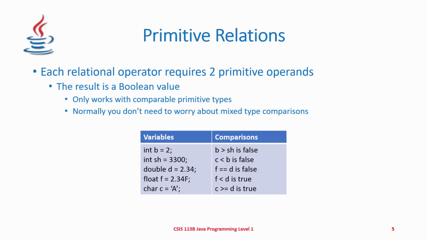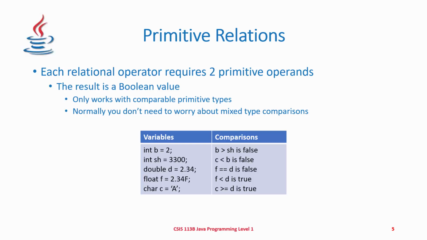Next, we're comparing to see if our float f, 2.34, is equal to our double d, 2.34. That is false because a float is only 32 bits and a double is 64 bits. In floats, by the way, you're only getting an approximation anyway. It's really not a good idea to use floats in comparisons.